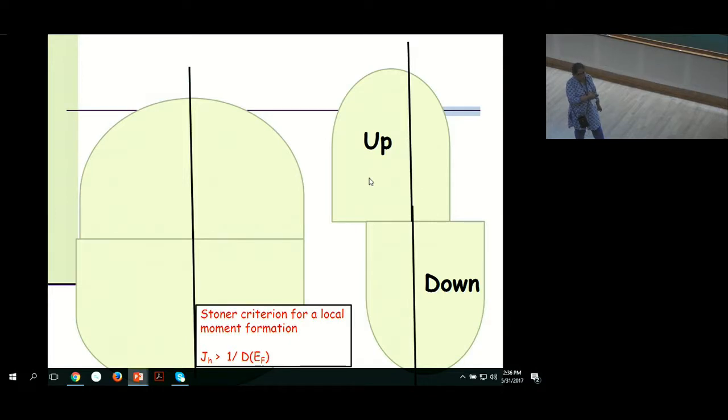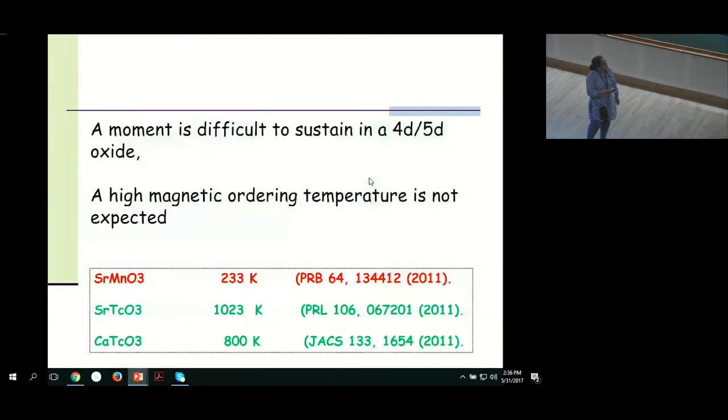That's why you don't have a local moment sustained in the 4D and the 5D transition metals. If you don't even have a local moment forming, there would be no question of magnetism being sustained.